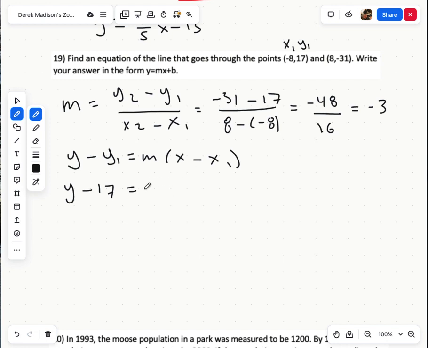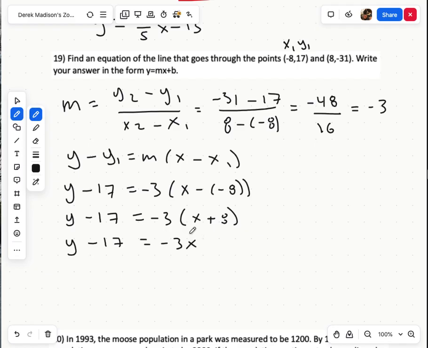We decided our slope is negative 3. And then minus x1, so that's minus a negative 8. So this will be y minus 17. And let me clean that up first. So negative 3, we'll change that to a plus 8. And you could also just go, it's going to be a plus 8 and distribute at the same time, but there it is.